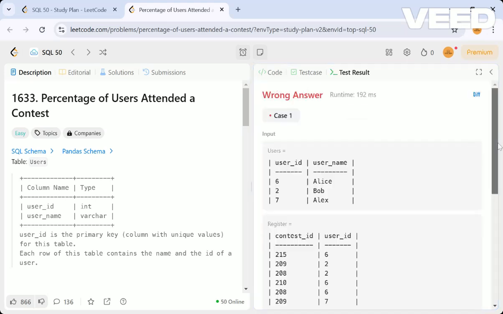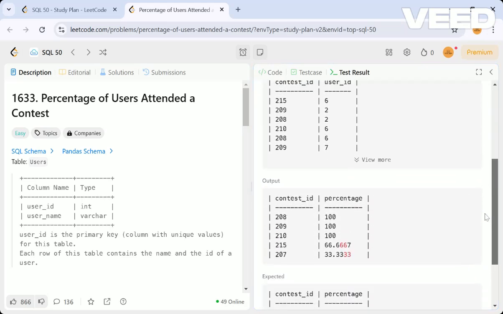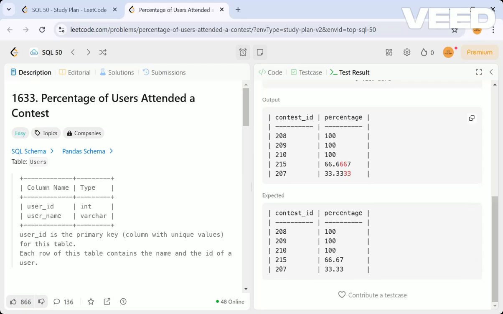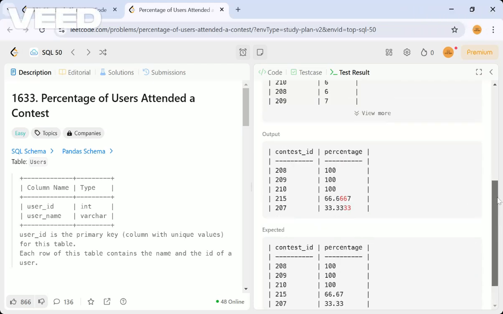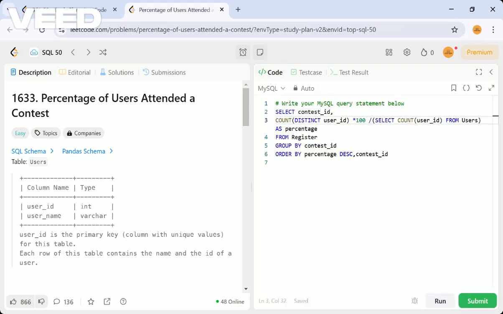Wrong answer, we know, but just see what we are getting. We have to see everything is fine, just rounding up is the only difference. They are asking us to round up, and that part we haven't done. So round it up to two decimals as they told.